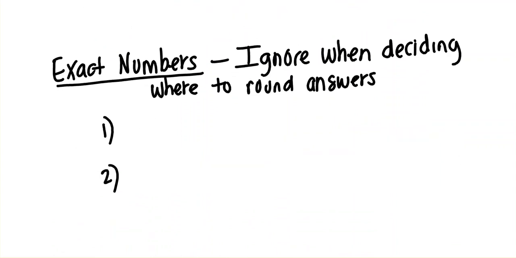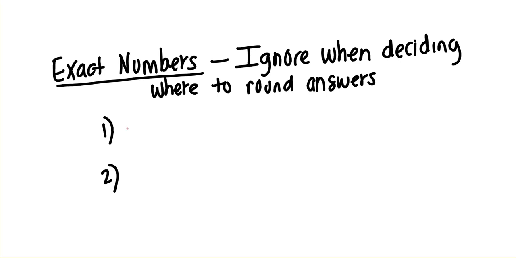Another thing that comes up are exact numbers, because sometimes you're doing calculations and there are exact numbers that you ignore when it comes to sig figs. Before doing an example, let's define how you get an exact number. This is a number that is perfect with no error. There are two main ways.